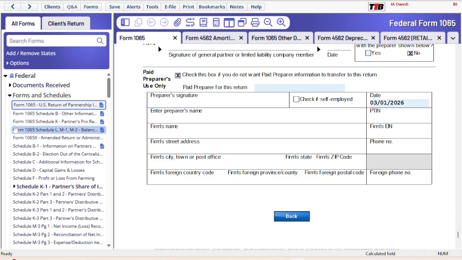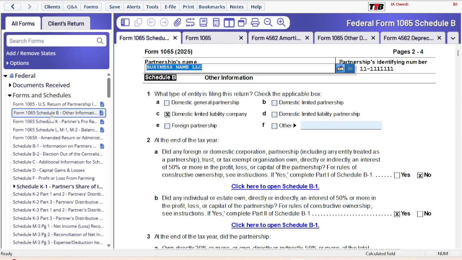Now we are going to move to Schedule B under information. So for Schedule B, one, what type of entity is filing this return? Is a domestic limited liability company. So we check that.